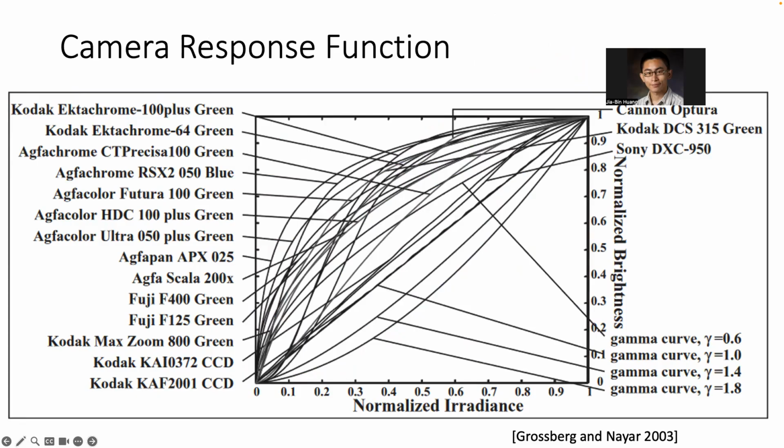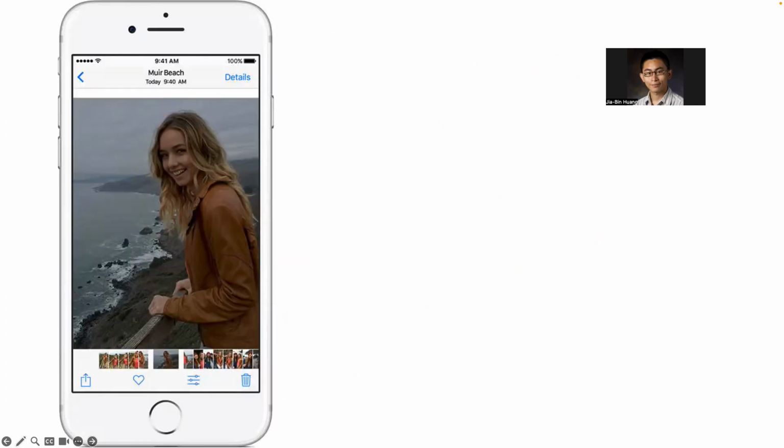One application sits inside everyone's cell phone. That is called HDR. So how can we do this? The idea is very simple. You have a scene that has both dark regions and bright regions, and whenever you capture a photo, you cannot capture all the dynamic range, right?